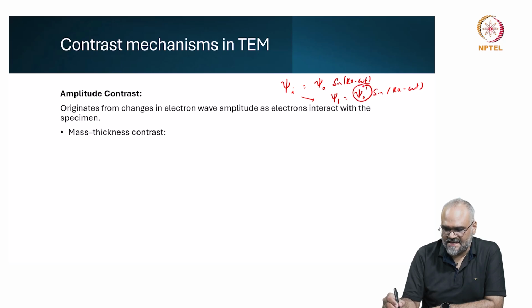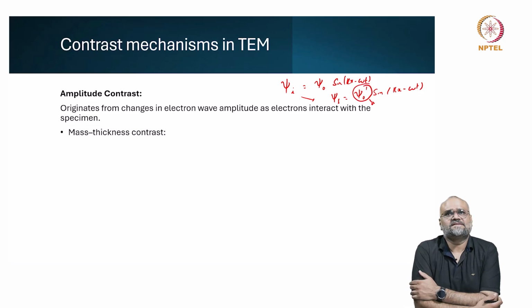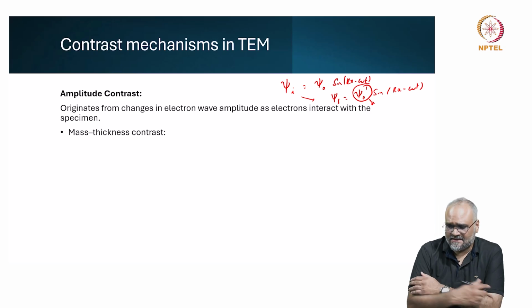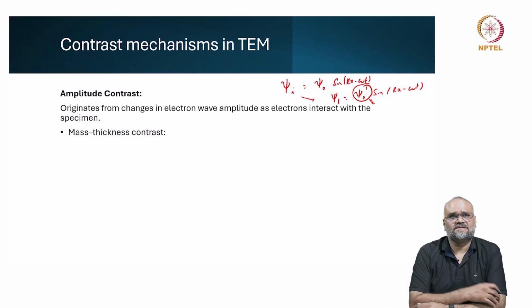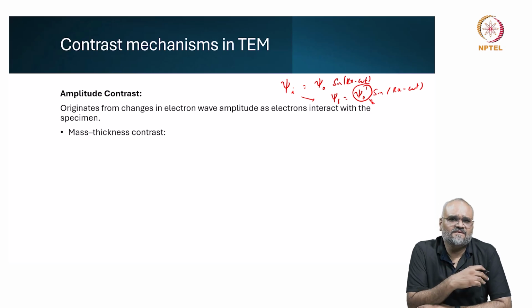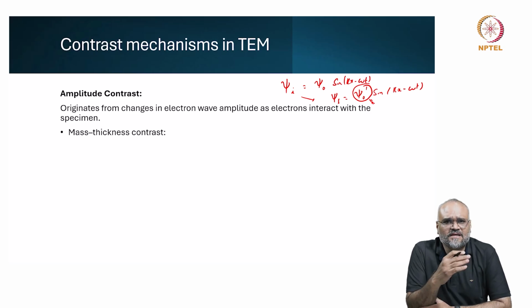This change in amplitude as a consequence of the scattering phenomenon is what is recorded in an image, and this amplitude variation can be related to the Rutherford backscattering expression, from where we related the angle of deviation of the scattered beam to the intensity of the scattered beam as well.